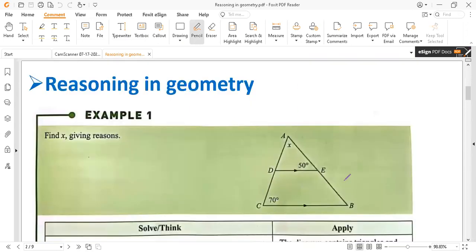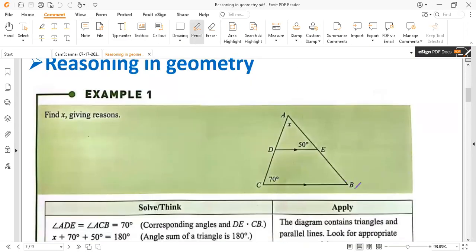So first of all, we have the first example here: to find x. What do we mean by x here? x is unknown. Normally x refers to an angle. In which triangle?